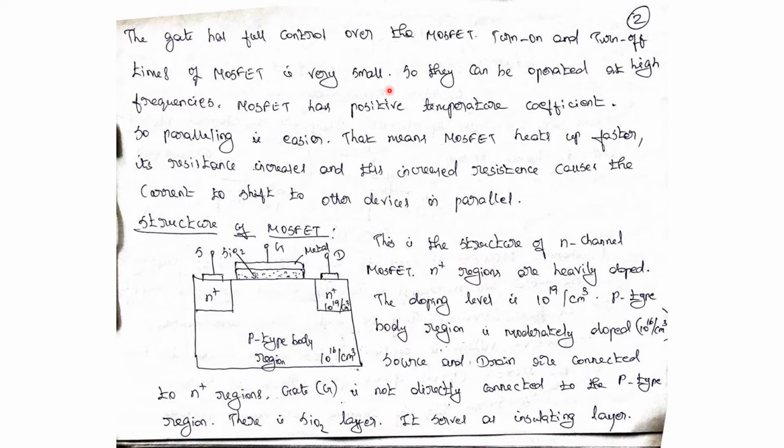If we don't want the current, then by removing the gate source drive, we can switch off the MOSFET. The turn on and turn off times are very small for MOSFET, so they can be operated in high frequency circuits. MOSFET has a positive temperature coefficient.